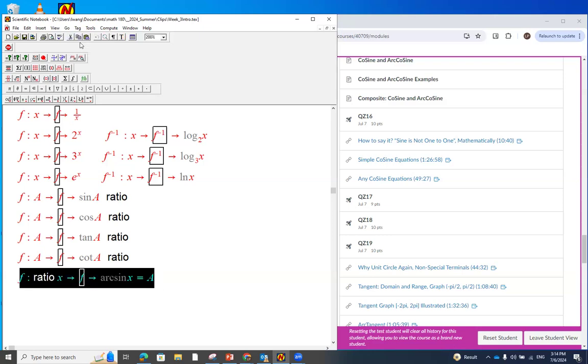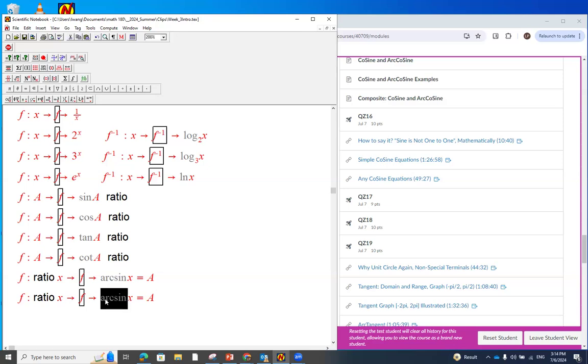Similarly, with the ratio, it could be arccosine, and it could also be arctangent. They each have their own domain and range that we want you to be aware of.